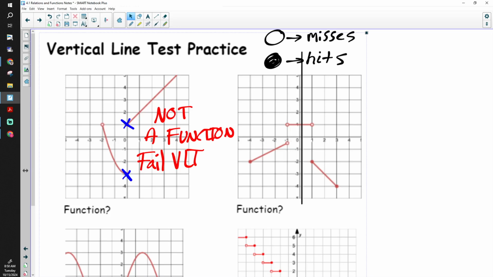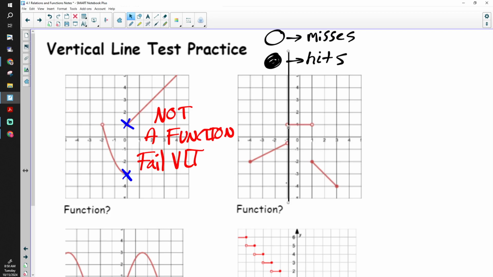What about right here? Is this okay? Yeah, it's missing this hole, but what does it do down here? It hits. So right there is actually okay. However, we do have a hole in our function, and now this is where you're going to get a little annoyed.